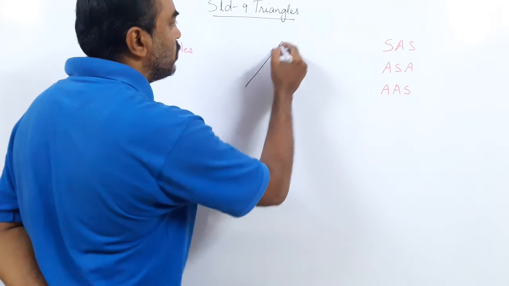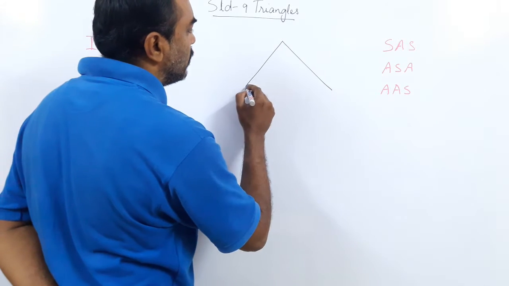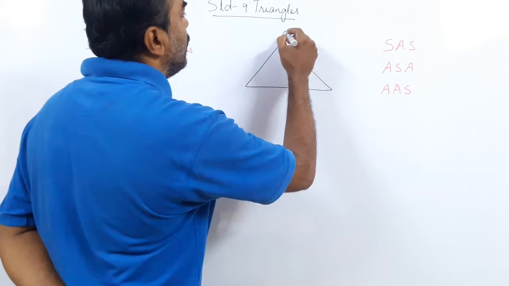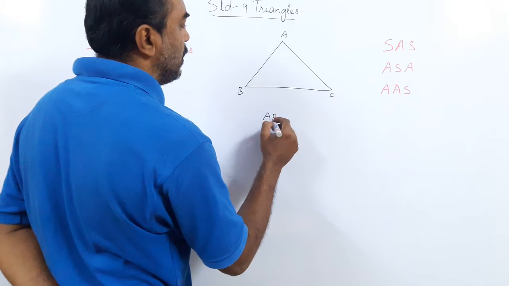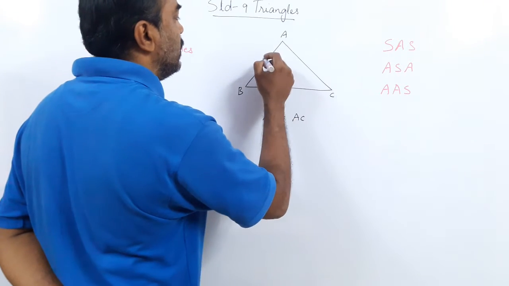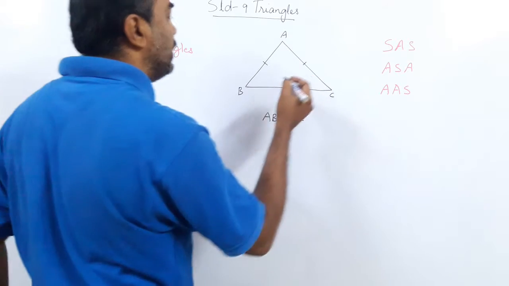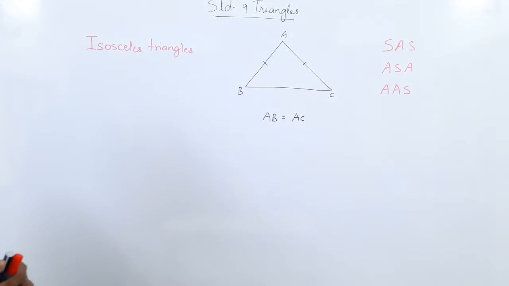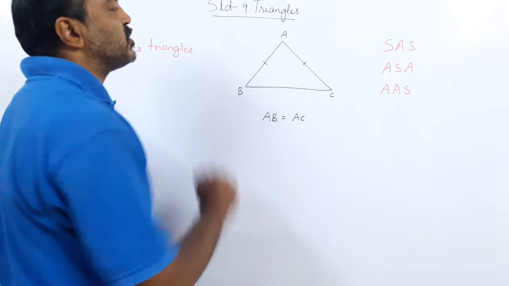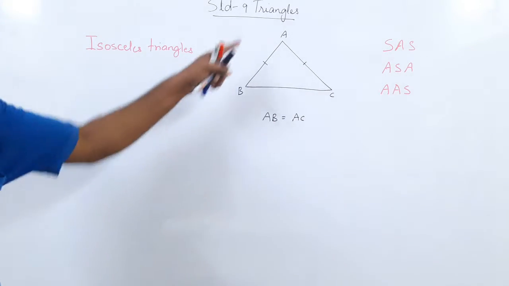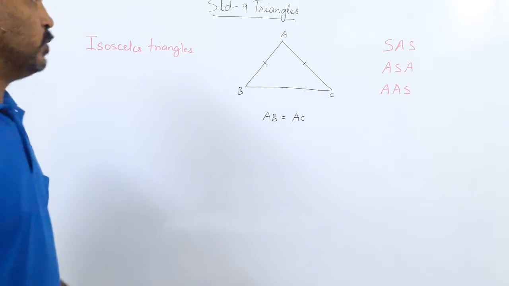So if I draw a triangle ABC such that AB equal to AC, any two sides of a triangle being equal makes it an isosceles triangle. So here ABC is an isosceles triangle because AB is equal to AC.